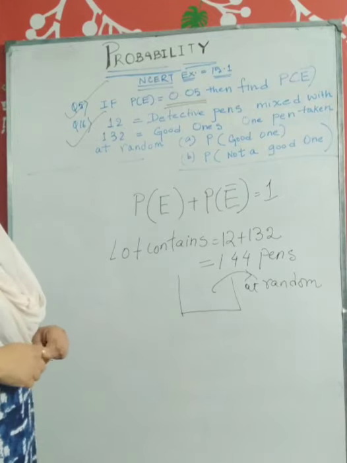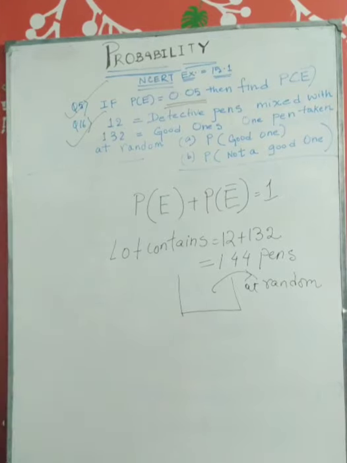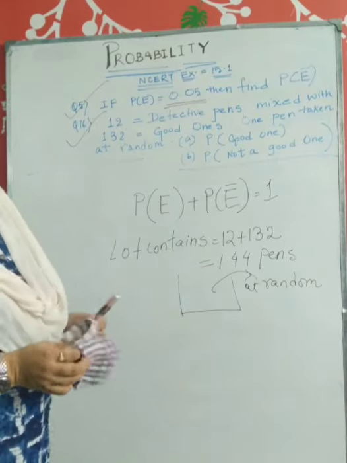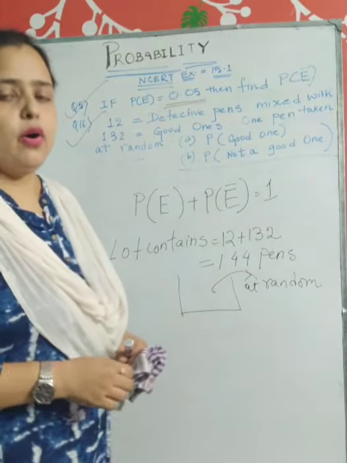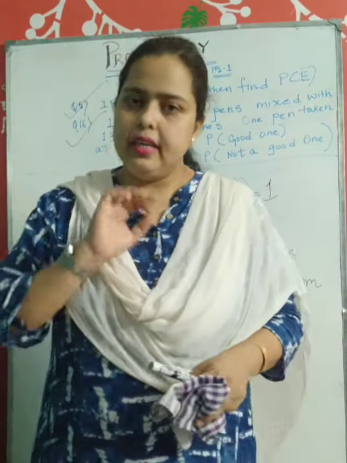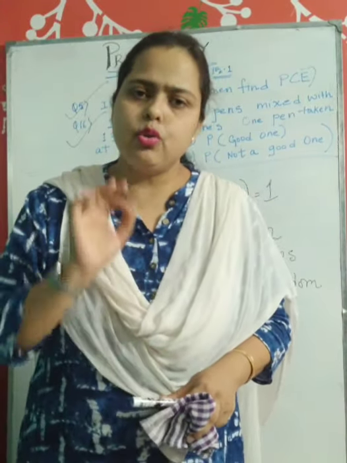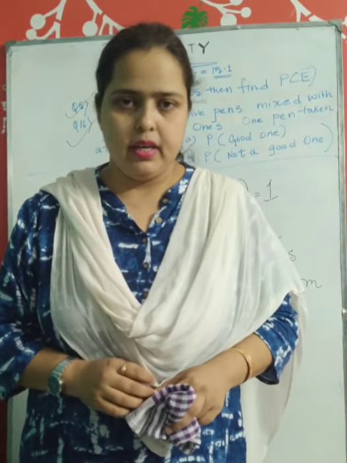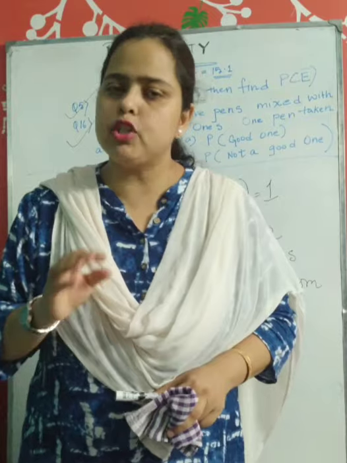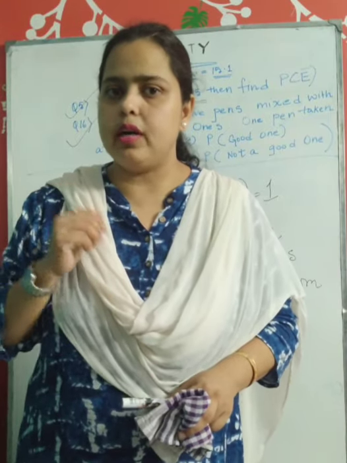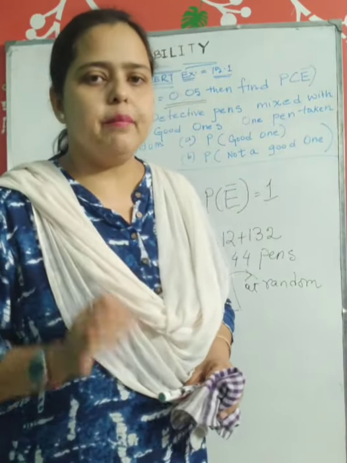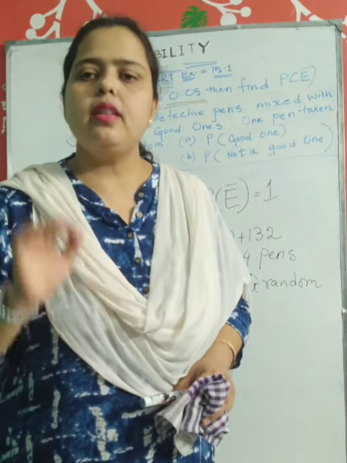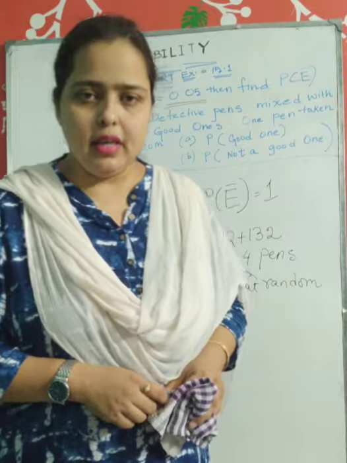Probability of any such event is given by total number of favorable outcomes by total number of possible outcomes. So here it is the total number of good pens by the total number of pens present in the lot.